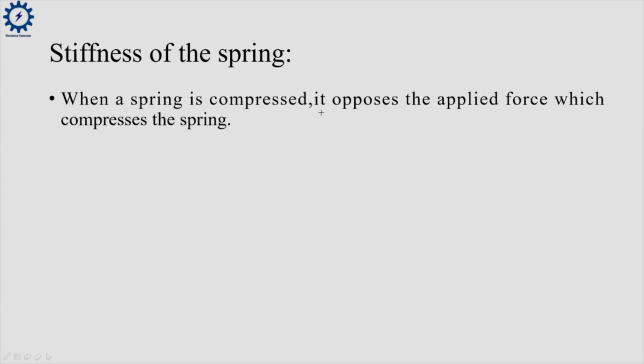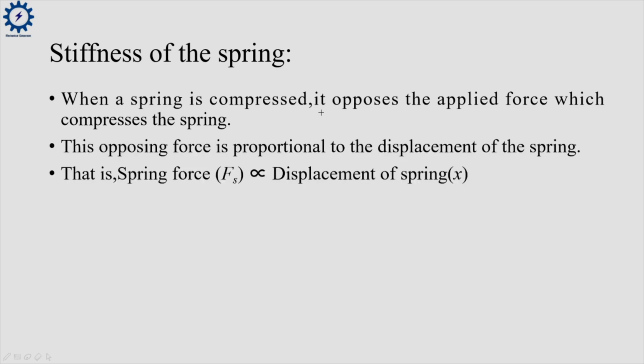Now let's see another term associated with the spring, that is stiffness. When a spring is compressed, it opposes the applied force. This opposing force is proportional to the displacement of the spring, that is, we can represent spring force Fs is proportional to displacement h.